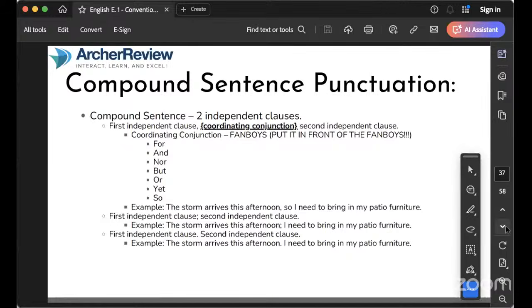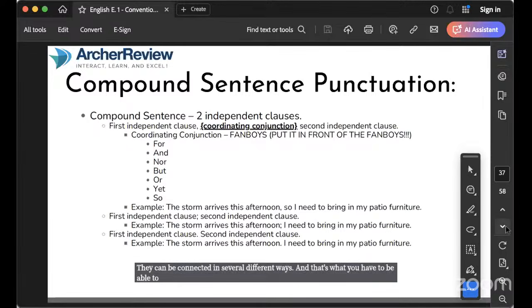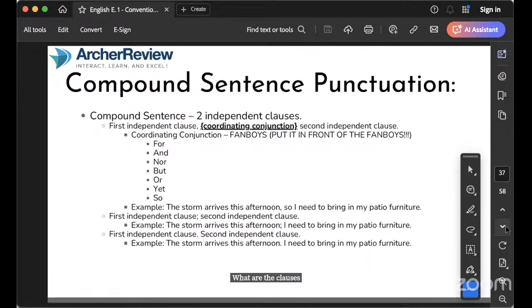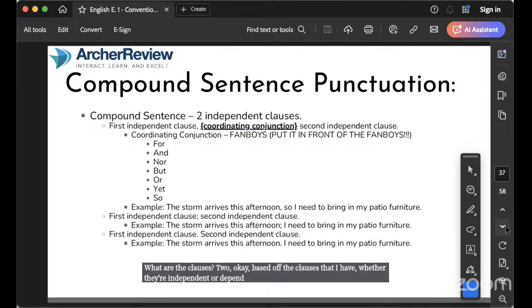Now, when you have two independent clauses, they can be connected in several different ways. And that's what you have to be able to check for as well with this section. Because one, you've got to be able to identify, okay, where are the clauses? What are the clauses? Two, based off the clauses that I have, whether they're independent or dependent, what type of sentence? That's step two. What type of sentence do I have?